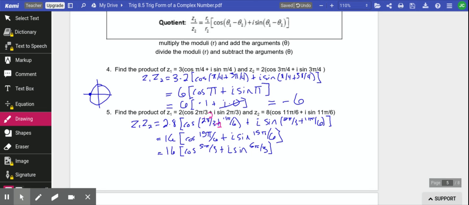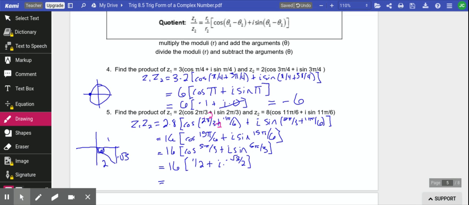So we actually need to evaluate cosine of 5 pi over 3. So 5 pi over 3, that's in the 4th quadrant. So that's our 60-degree angle, 1, 2, root 3. Except, of course, this is negative. So the cosine of 5 pi over 3 is going to be 1/2. And the sine of 5 pi over 3 is negative root 3 over 2.